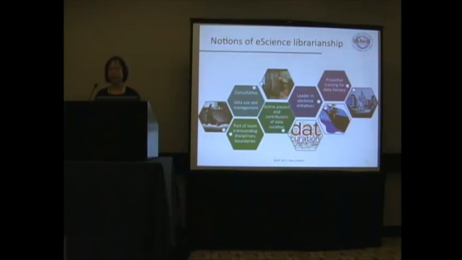So before I start introducing that, I need to mention a failed paper attempt. When we first received the grant from IMLS to train e-science librarians, my colleague suggested that I put together a paper to address what is e-science librarianship, what is an e-science librarian.